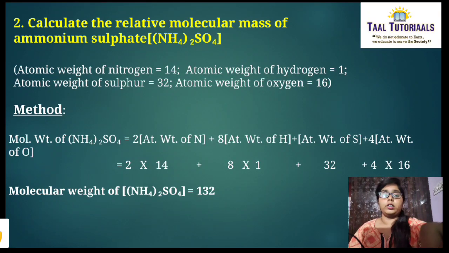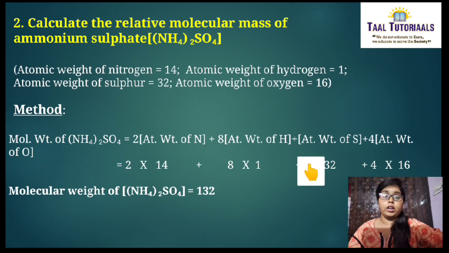Okay, the method, if you see here. Molecular weight of ammonium sulfate: you have (NH4)2, right? So you take 2 times nitrogen and 8 times hydrogen. Why? Because in (NH4)2, 4 times 2 is 8, and you take the sulfur atomic weight and the atomic weight of oxygen.